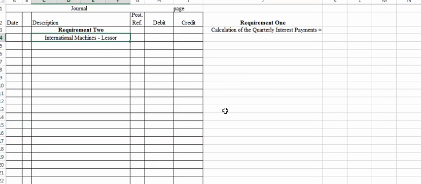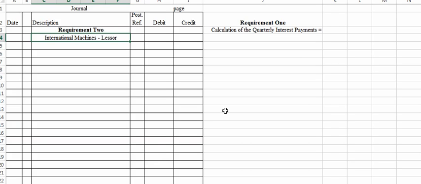So what's happening here, remember with Edison Leasing, the only way they earned revenue on that transaction was through interest. They paid $112,080 to International Machines, and then they leased it out to manufacturer Southern, and they earned their revenue as interest revenue on that transaction.